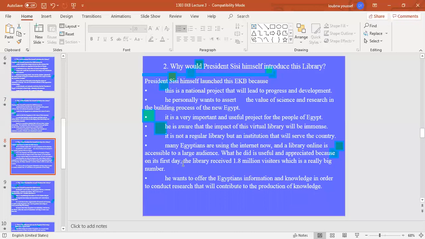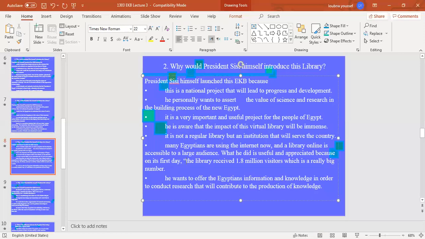Now, I want to use quotation marks here. I am showing you how to use quotation marks. "The library received 1.8 million visitors," all right? And so if we do not use quotation marks, we will be regarded as plagiarists. And of course, this is not a good idea.